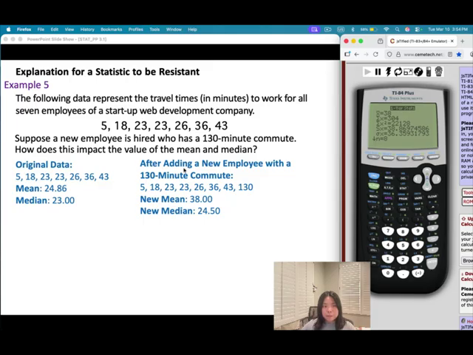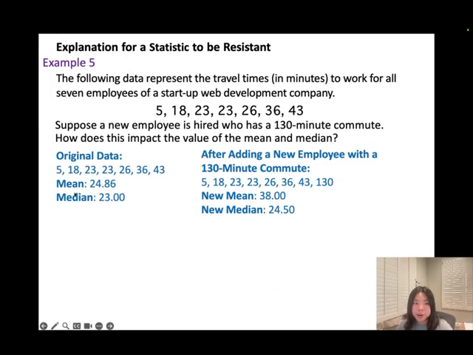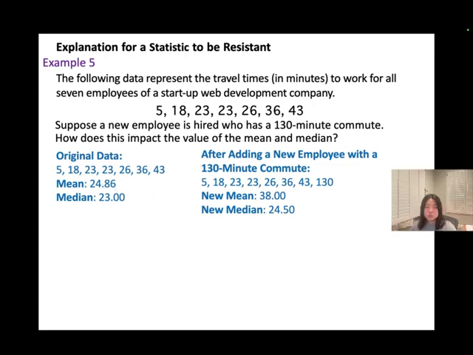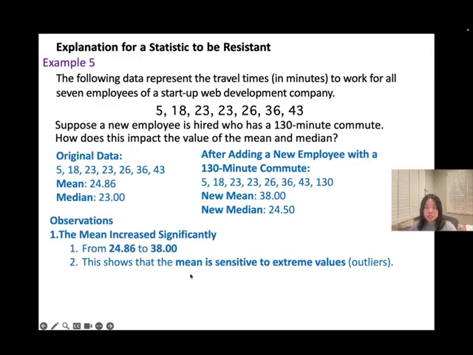Okay, now we're gonna compare these two sets of data. So first, let's compare the mean. The original mean will be 24.86, but the new mean will be 38 in here. So we could see the mean increased significantly, right? That means the mean is really sensitive to the extreme values.